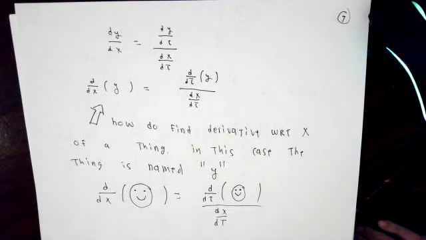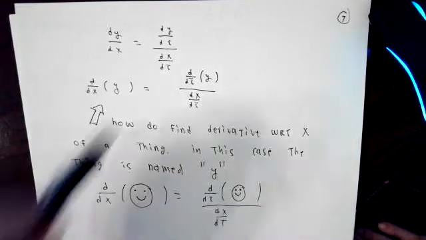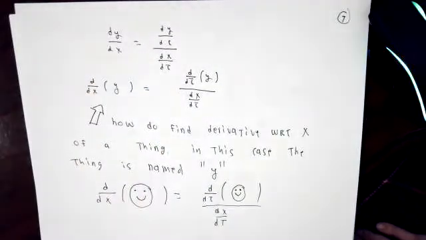So I'm going to make up my standard nonsense symbol. The derivative with respect to x of smiley face is the derivative with respect to t of smiley face divided by dx/dt. And really, I don't care what smiley face is. If smiley face is y, we get back this formula that we've developed.